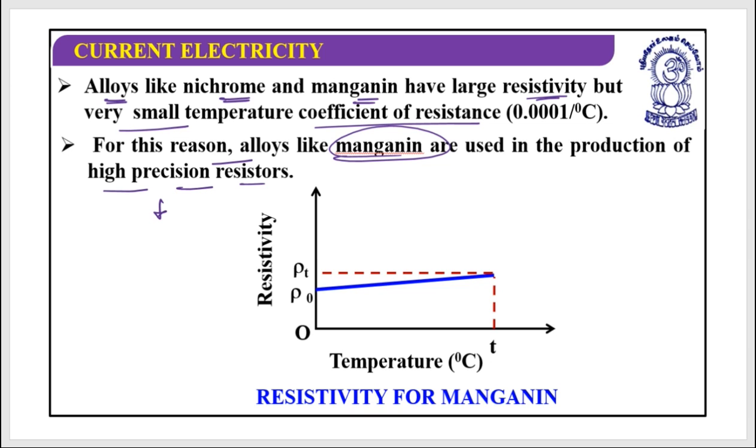So at that point of time, manganese is used to produce a high precision resistor. This is the resistivity versus temperature graph for manganese. As you can see, there is a very big difference in the temperature, from 0 degree Celsius to T degree Celsius, but there is very little difference in the resistivity at 0 degree Celsius and resistivity at T degree Celsius. I hope these things are clear. Is it clear?